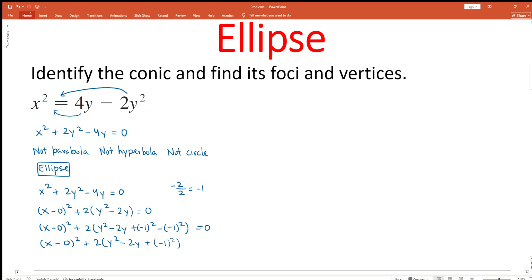And when we do that, we should multiply it by 2 because 2 is to be multiplied to all terms in the parentheses.